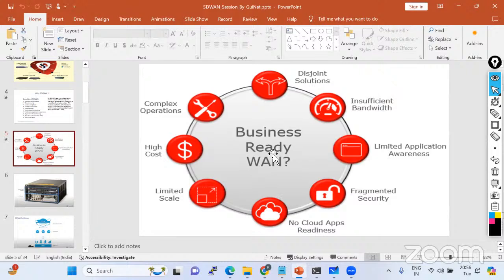Because we have a dedicated MPLS circuit to carry our traffic at a very fast pace from one location to another with private isolated networking. And buying an MPLS circuit is always very expensive.